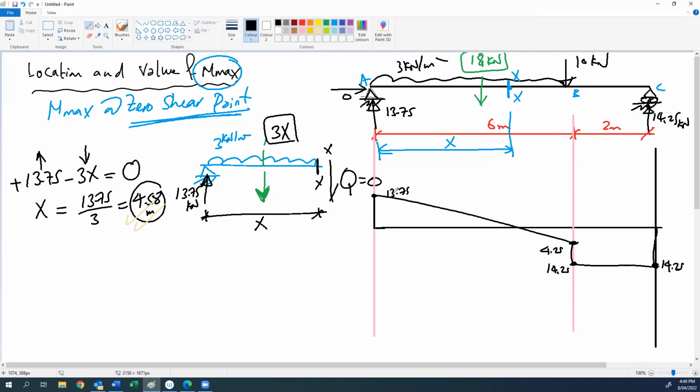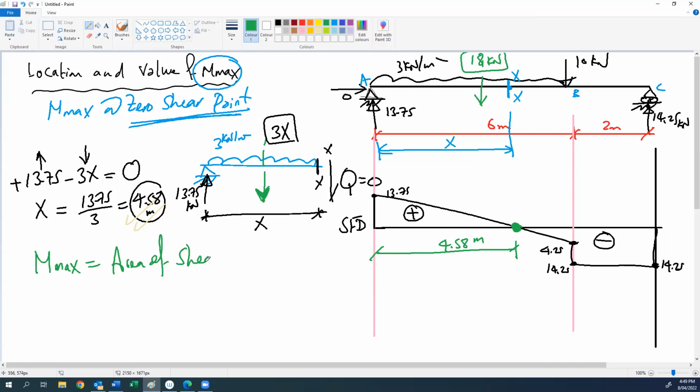We connected them together with a straight line, this negative, this positive. This is our shear force diagram. The zero shear point is here at a distance of 4.58 meter. So the value of maximum moment Mmax will be the area of shear up to the zero shear point.